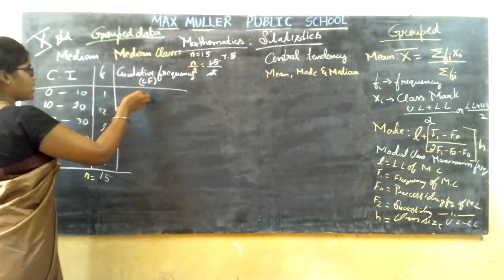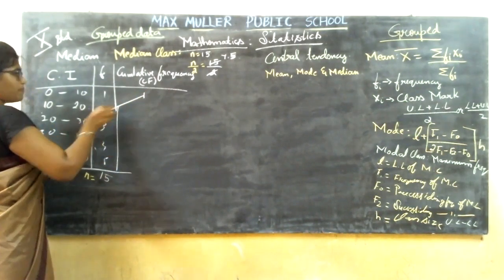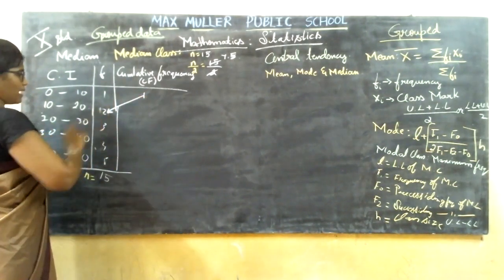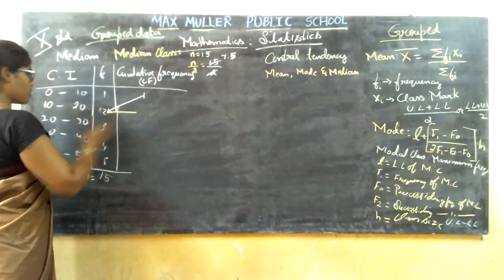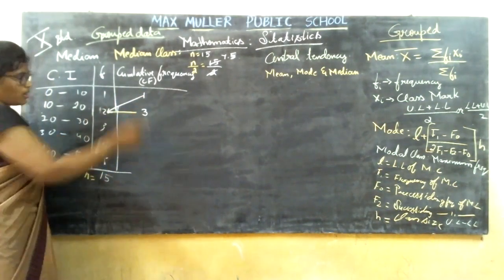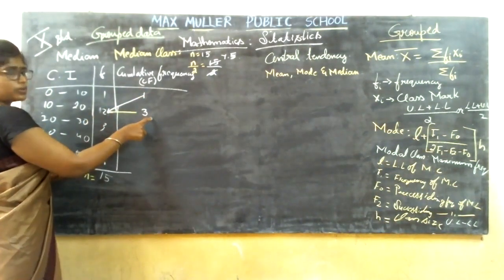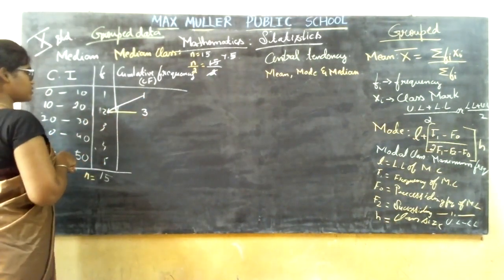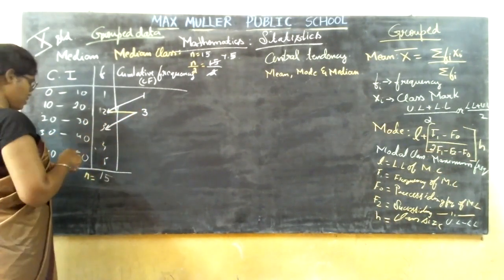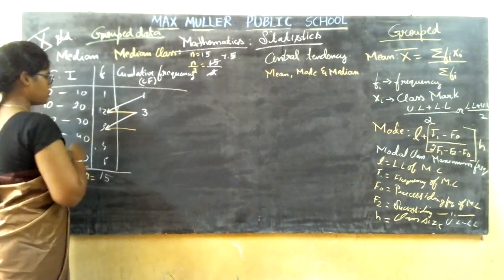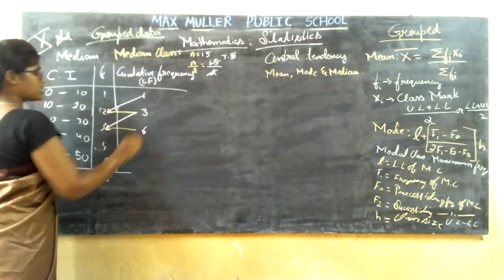Now we are going to add 1 plus 2. What is 1 plus 2 giving you? You are going to get 3. Next, you are going to add 3 plus 3, which gives you 6.